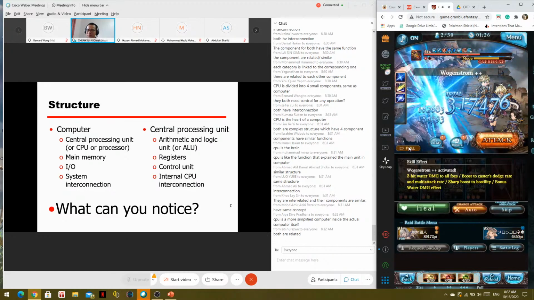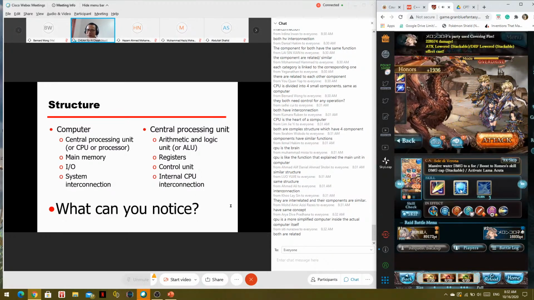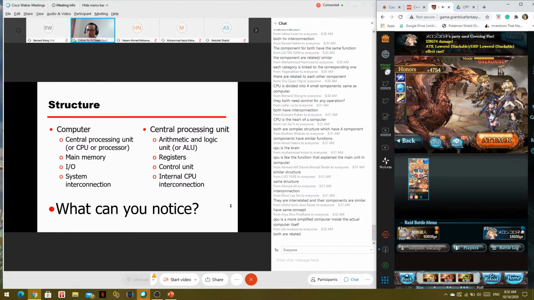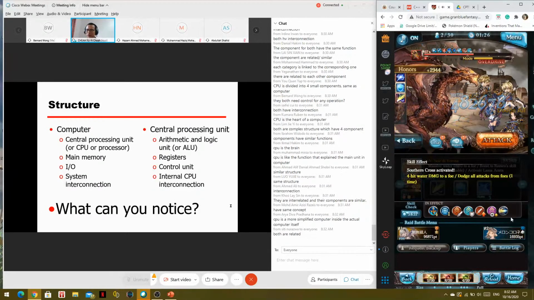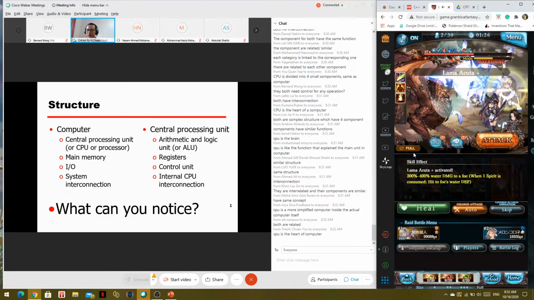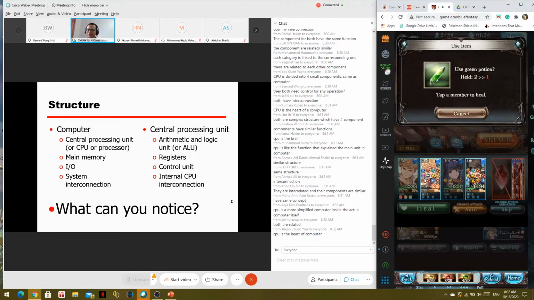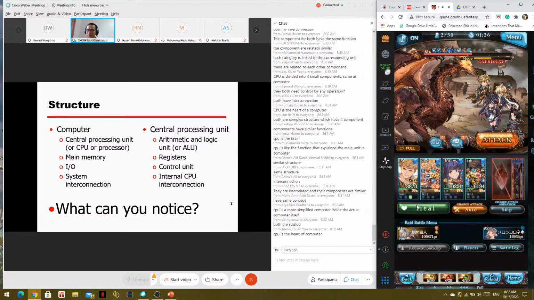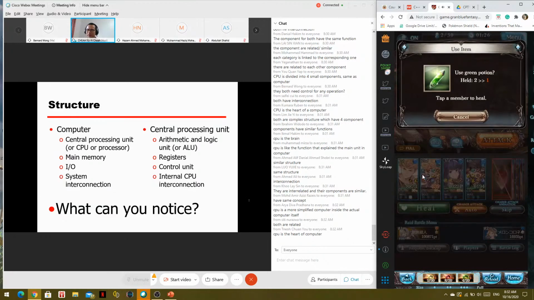Both have interconnection related in each of the components. CPU is divided into 4, same as the computer. Okay. I will have to just randomly scan through. Both are complex structures and have 4 components. Okay, CPU is the brain.